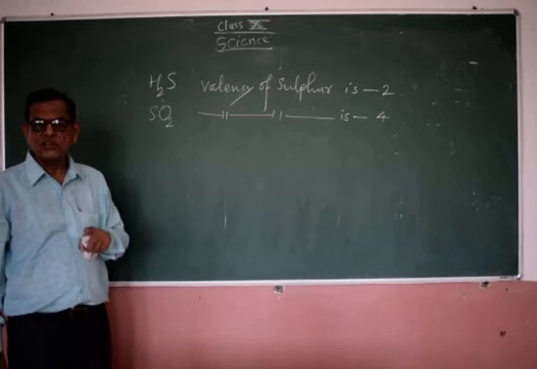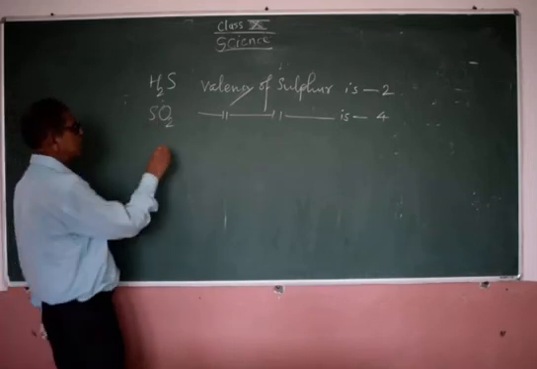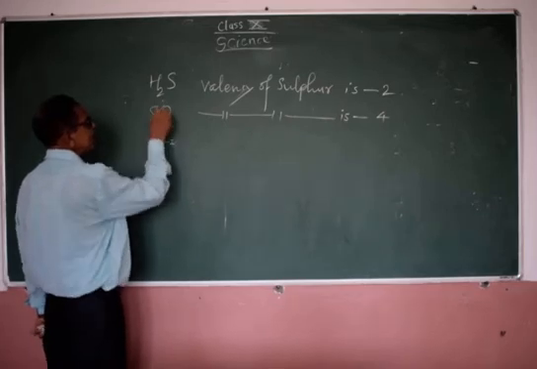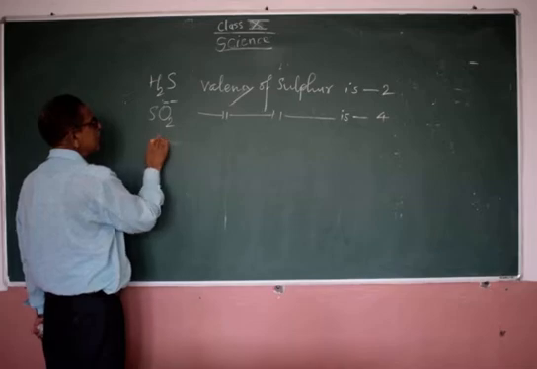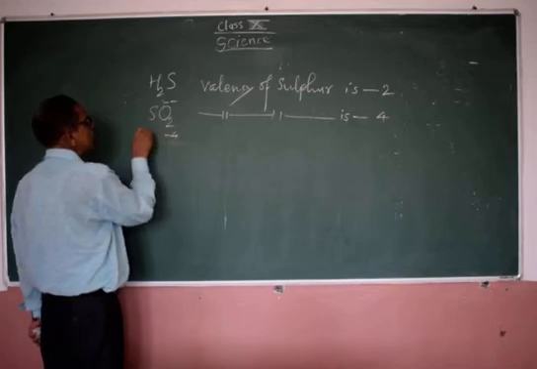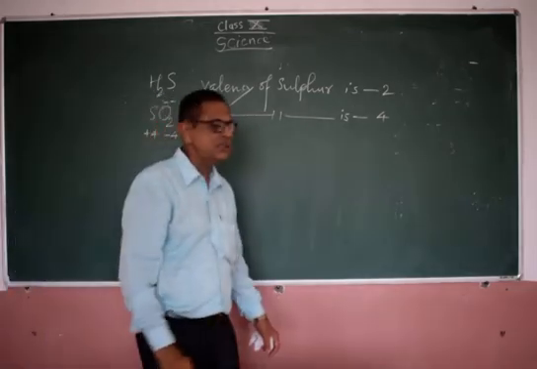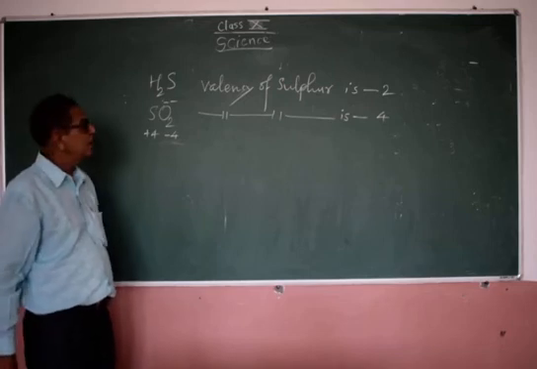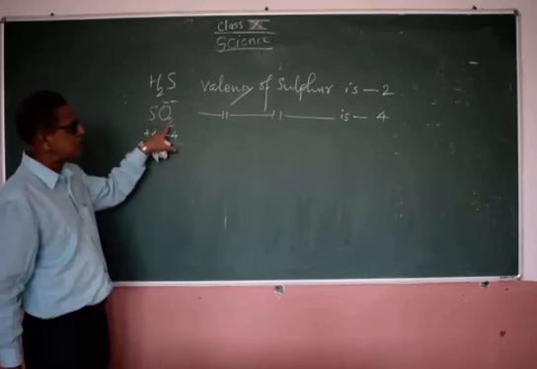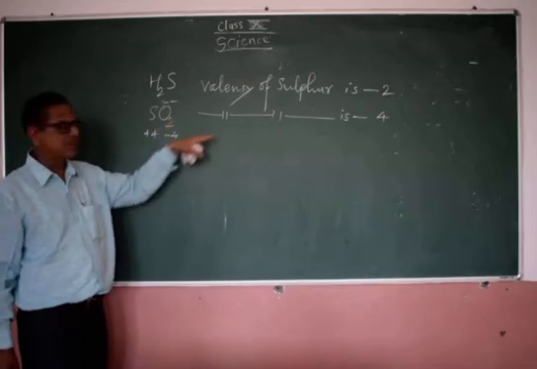The valency of 1 oxygen atom is -2, so the charges are -2 for each. 2 oxygen atoms, therefore total negative charges -4, and therefore sulfur will possess 4 positive charges. In this way the valency of sulfur in SO2, sulfur dioxide, is 4.